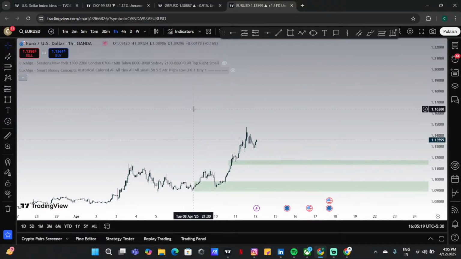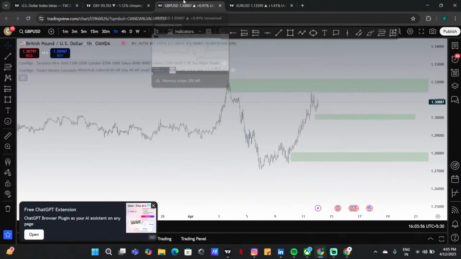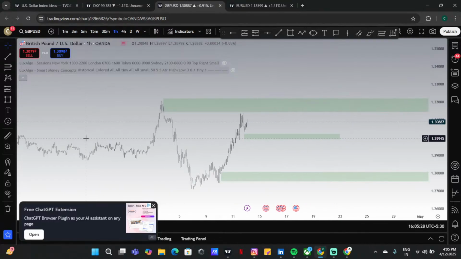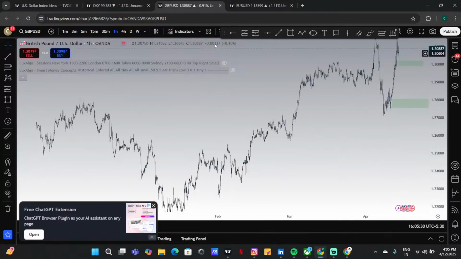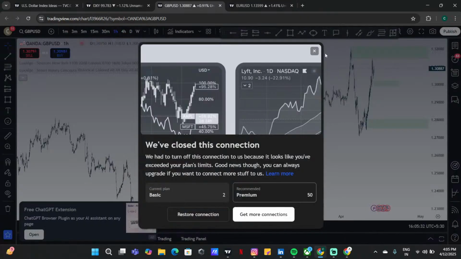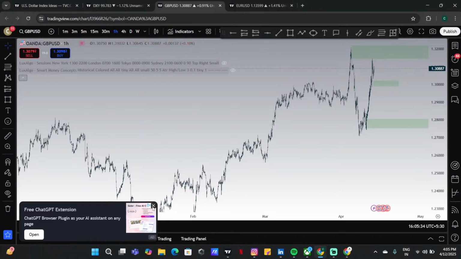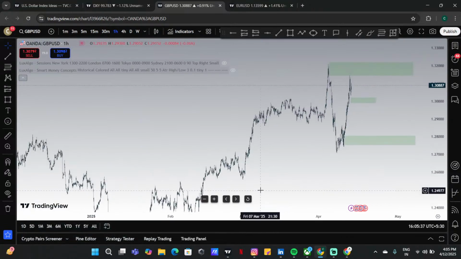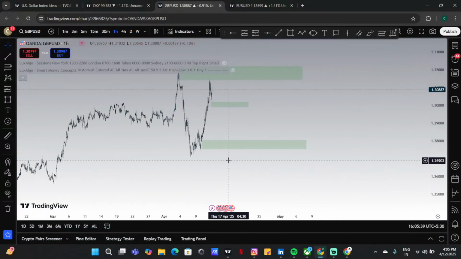Now let's look at the Great Britain pound against US dollars, and all I can see is that it's in bullish momentum currently, so look for buyers.